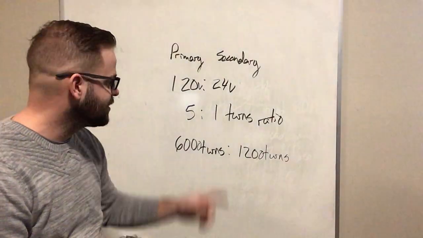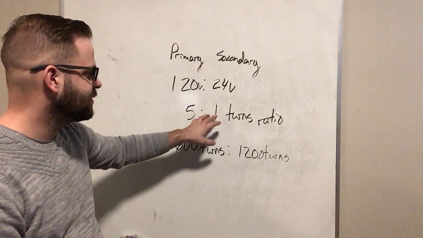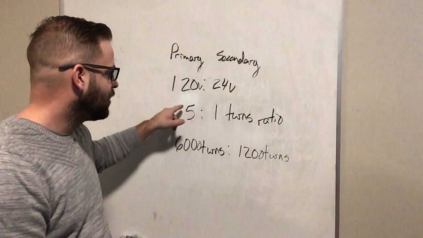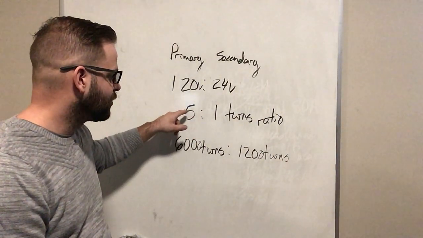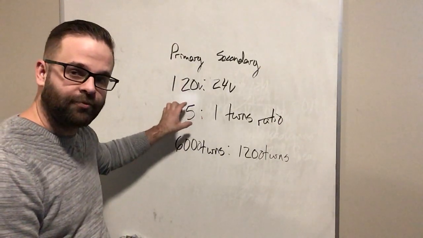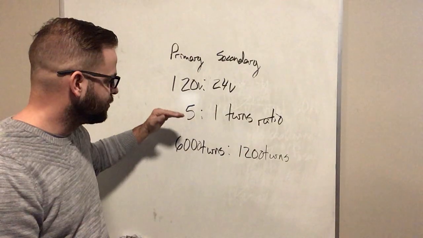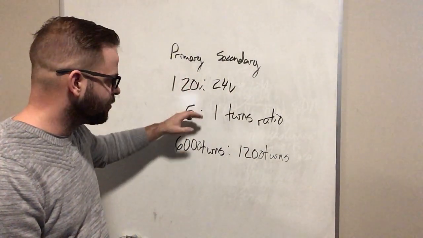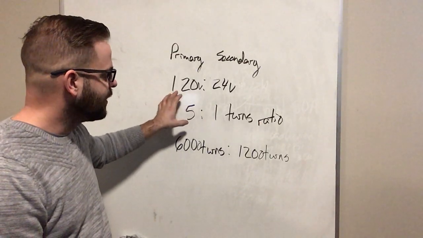So in this case, if we do the most basic, I would know that for every turn of that coil inside that transformer, there would be 24 volts per turn. So 24, 48, 72, and so on, 96, 120.